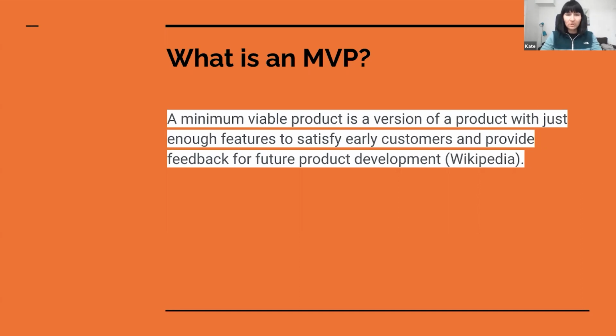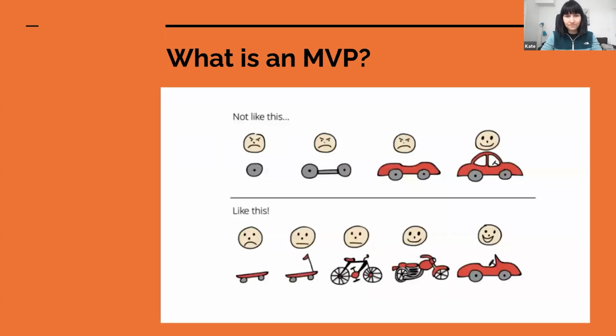Okay, so now let's talk examples. You are probably familiar with this picture. If you're not, awesome. Well, let's take a look at this. So the top part of this picture talks about how not to build MVP, what an MVP is not.